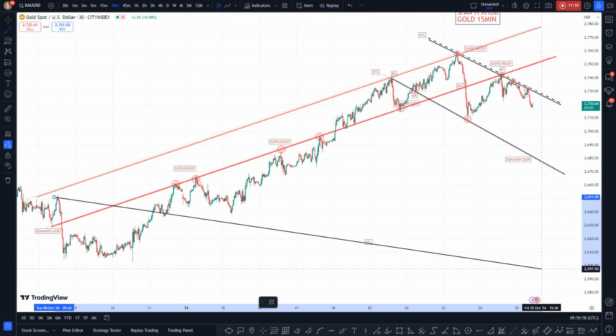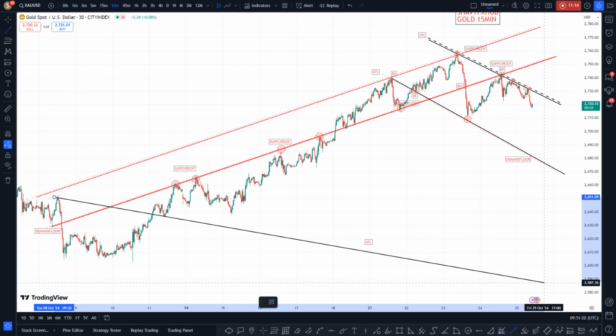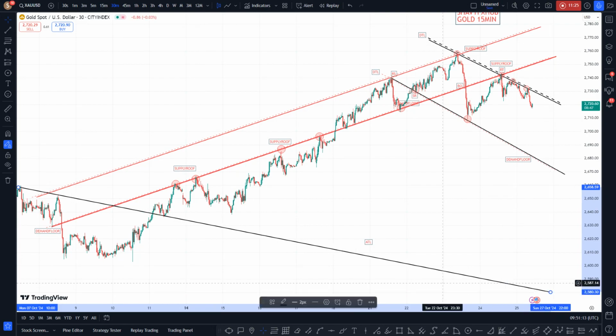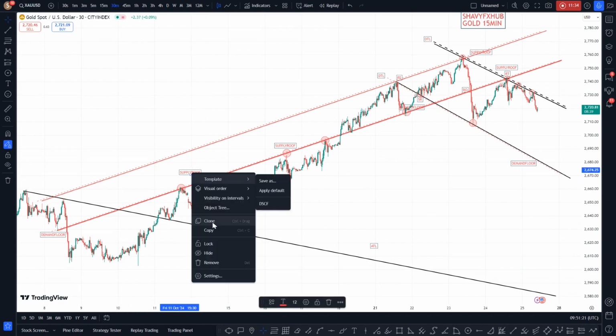Well, let's do it here. After price broke out, this is our first retest. And if you extend it, let's extend it. You can see, after we broke out from there, price came down on retest. So this is an important level to watch.